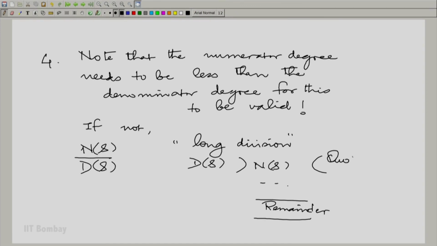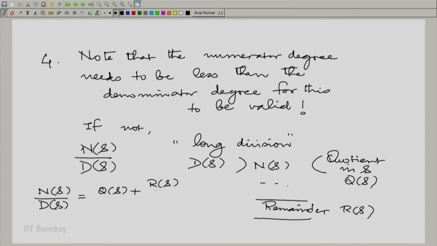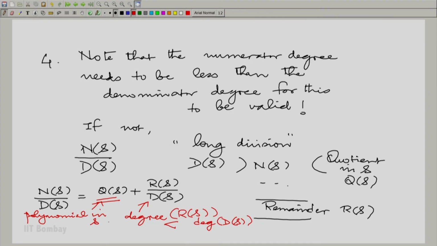The quotient is a polynomial in s, let us call it Q of s, and the remainder, again in s, R of s. That means you can write N of s by D of s as Q of s plus R of s by D of s. Here, the degree of R of s is strictly less than the degree of D of s.